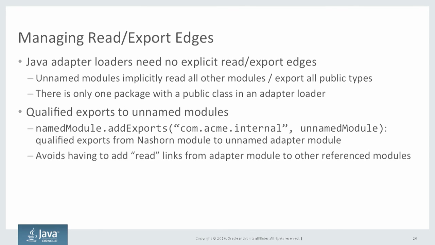Adapter modules, as mentioned, are unnamed. That is, they read all modules and they export their public elements. We do not need sophisticated mechanisms including named modules, as each adapter loader will only ever have one package with one public class in it. Point being, if you need to deal with this kind of access control, if there is nothing worth hiding in a module, use an unnamed one.